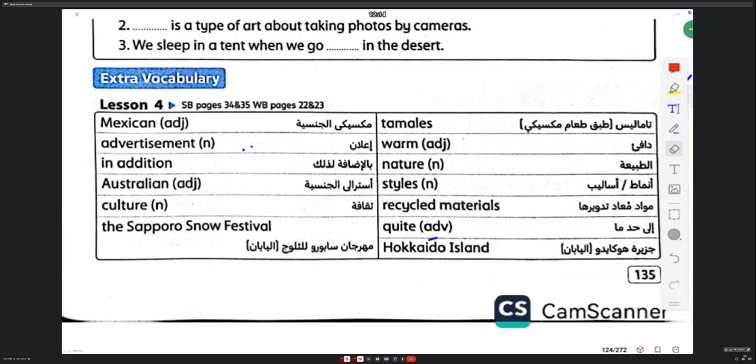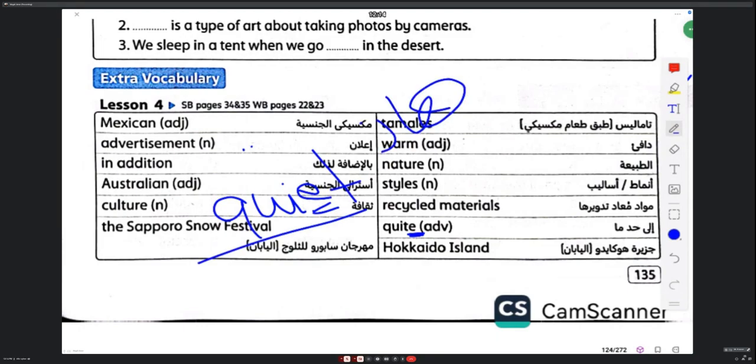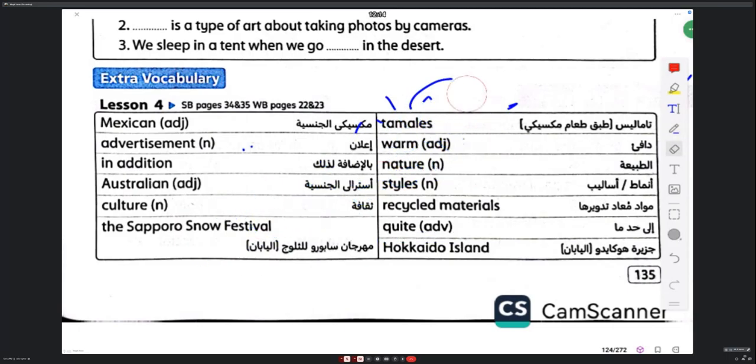Quite, not quit with the E outside at the end of the word. Quite, the letter E is inside. It is an adverb. Quite means somehow, nearly, instead of a verb.